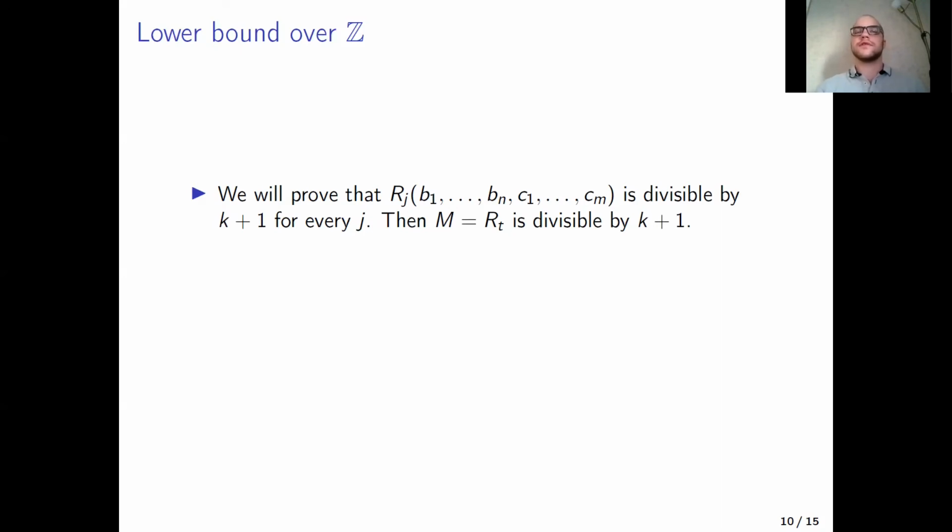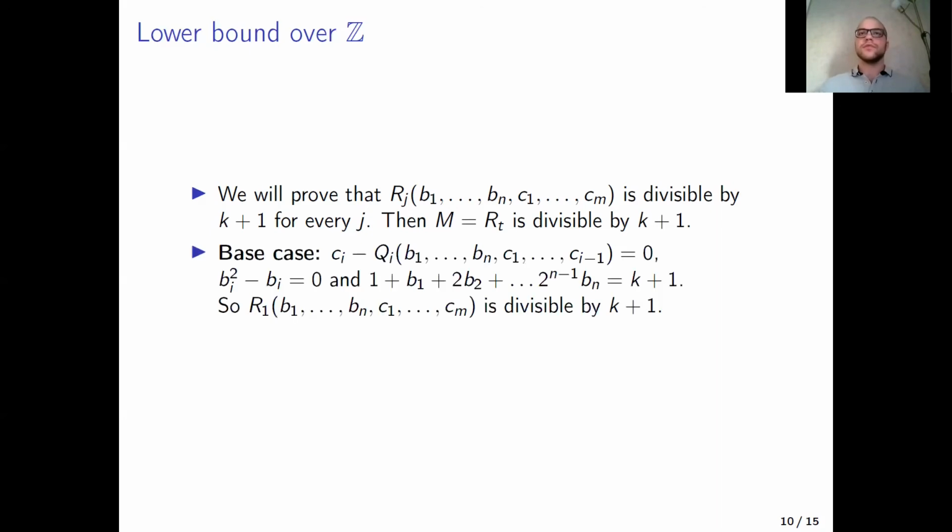So we would like to show that if we substitute this in our polynomials in each proof line, then each proof line would be divisible by k plus 1. Then it's obvious that the constant at the end, which is a proof line of our refutation, will be divisible by k plus 1. We will do this simply by induction.